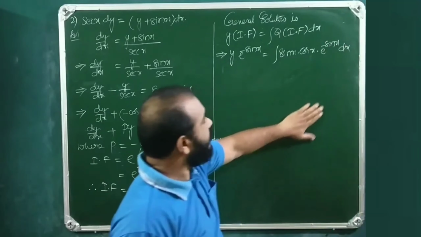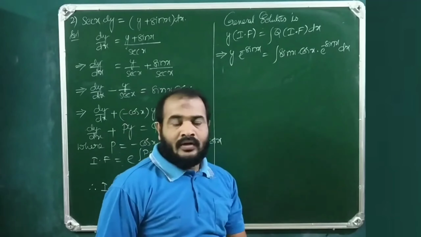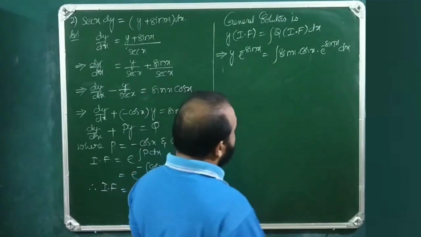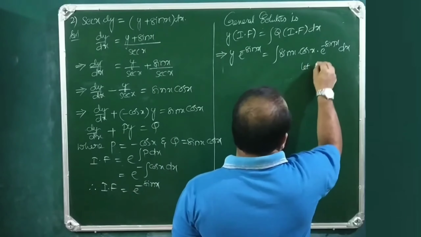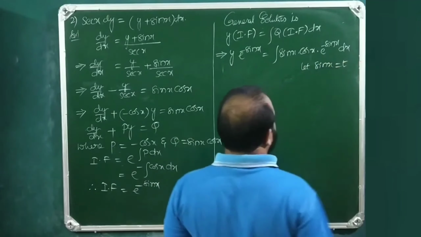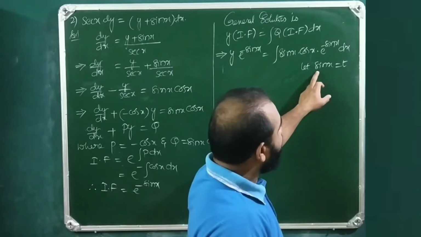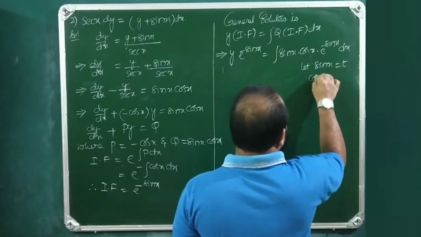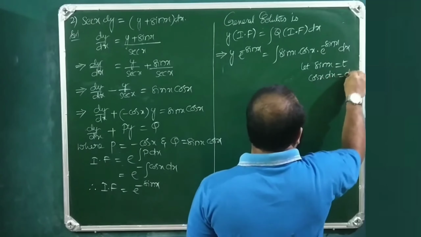Now let us take the substitution: let sin x equal t. Then the derivative of sin x is cos x, so cos x dx is equal to dt.